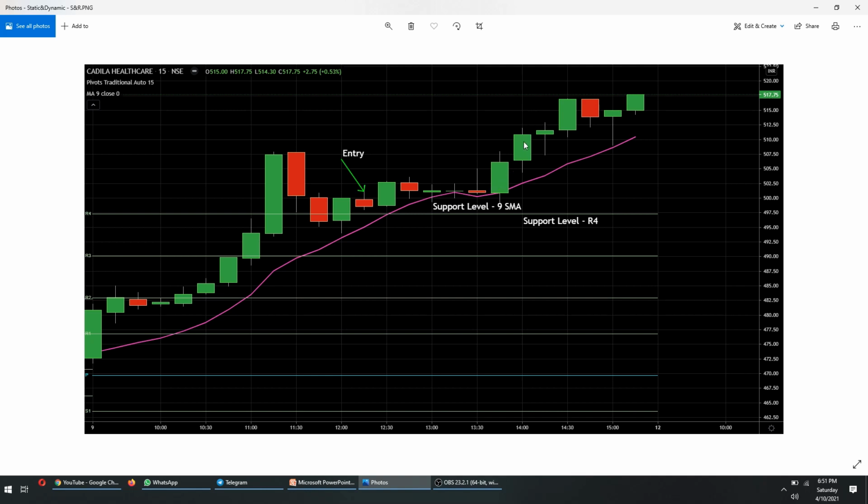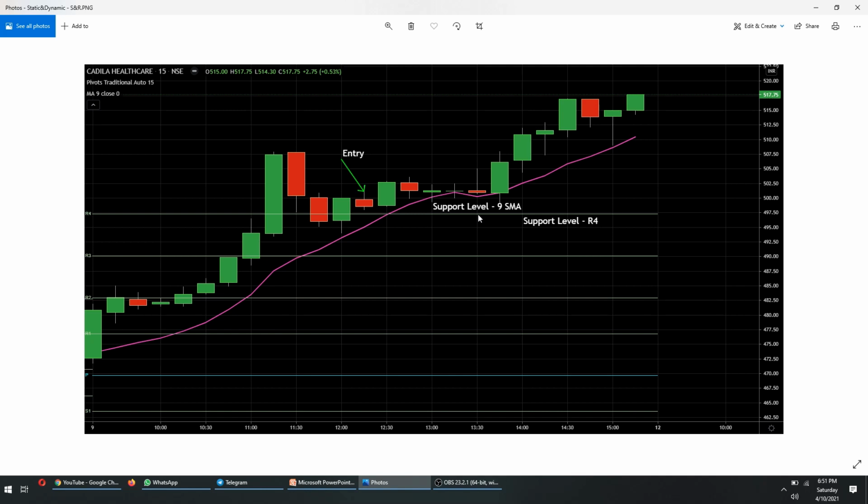Okay, so what I'm trying to convey here is that even if you use both the static support and the dynamic support, that brings in more confidence to your trades. Okay, that brings in more surety to what exactly you want to do, where to stay in the trade, where to exit the trade, what needs to be done as a next step.